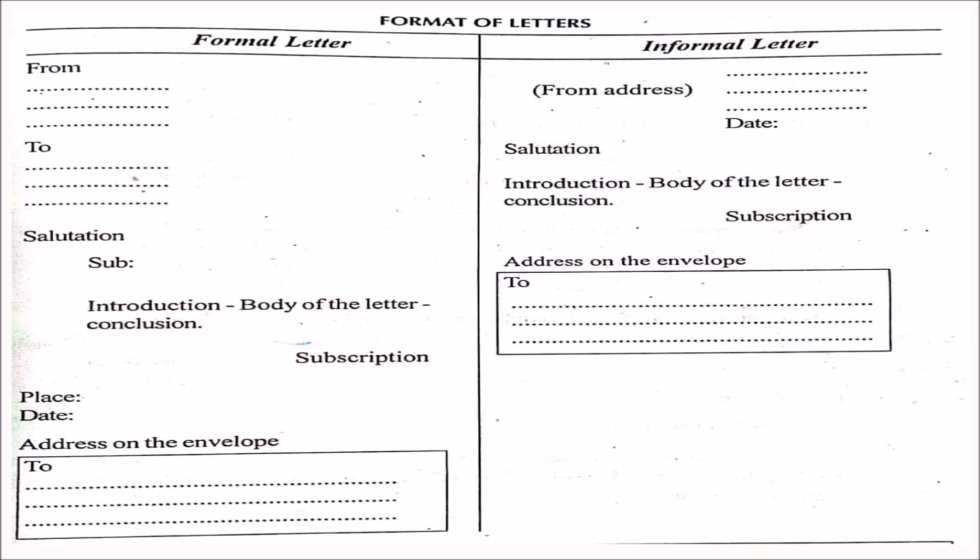In that we have to write the to address. Informal letter, from address, date, salutation, introduction, body of the letter, conclusion, subscription, address on the envelope. In that you have to write the to address.